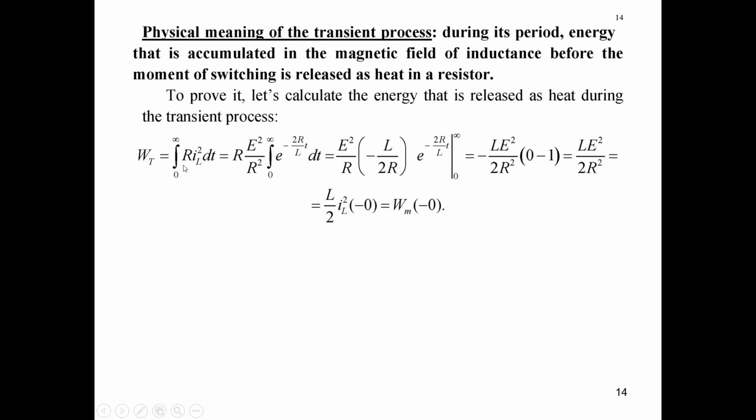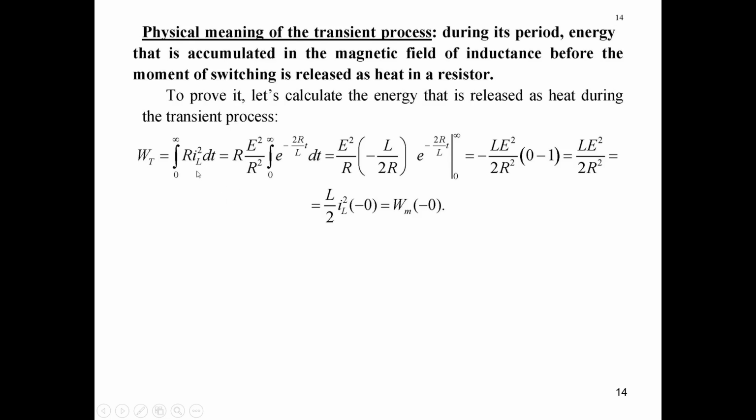The volume of energy, it's R multiplied by I_L squared by dt. Okay, sorry, this is power, and power multiplied by time and integrated over this whole time period will be the energy which is released in this resistor.